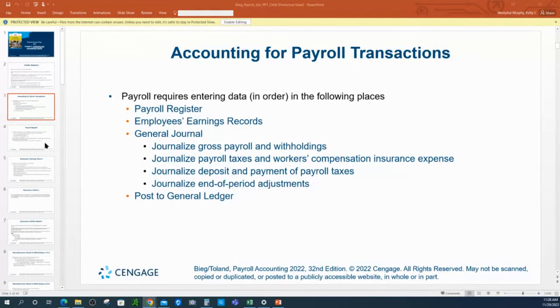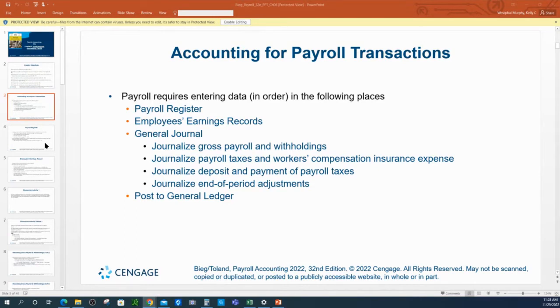Okay, and like I said, I don't know how far you've gotten in principles. I haven't taught Prin 1, so I don't know exactly what the schedule is for it, but it probably goes through this whole cycle, maybe early on in the semester, and all these payroll entries fit into that cycle.